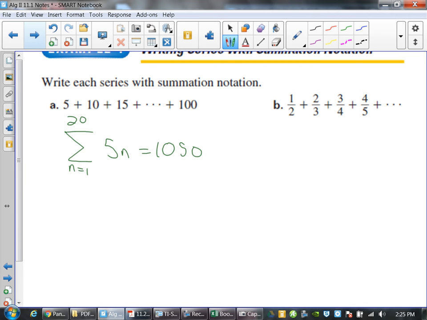What about the pattern on the next one? 1/2 plus 2/3, 3/4. Series, you're adding up a sequence. It's the sum of a sequence. 1/2, 2/3, 3/4, 4/5. What's next? 5/6, 6/7. So what's the pattern?